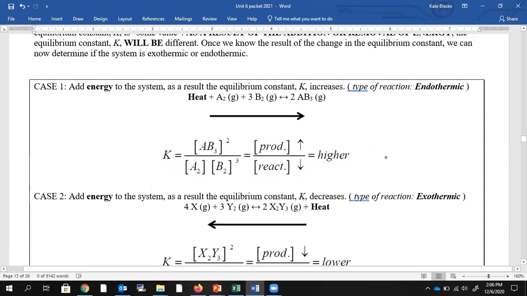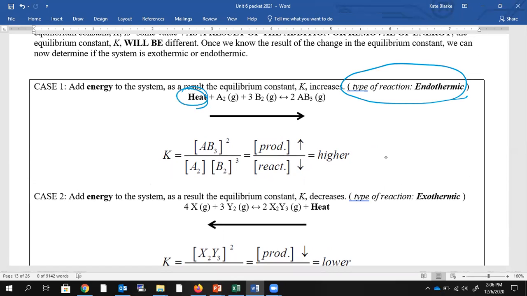So if I have an endothermic reaction, let's say, which means heat is acting as a reactant. We don't always write heat there, but that's what it means when we need to put energy into that reaction to make it happen. If I increase my temperature, I am increasing a reactant. So I'm going to shift away from that increase. So I'm going to make more products. I'm going to have less reactants.